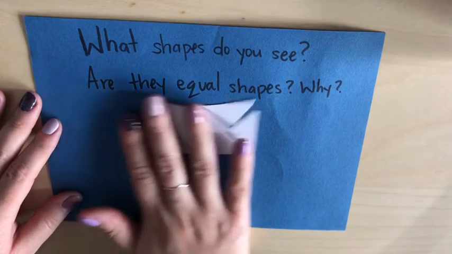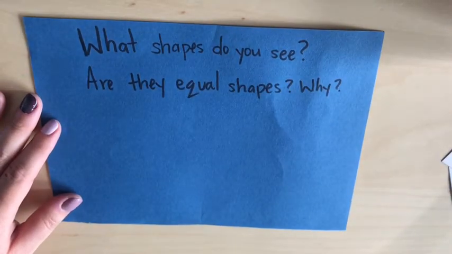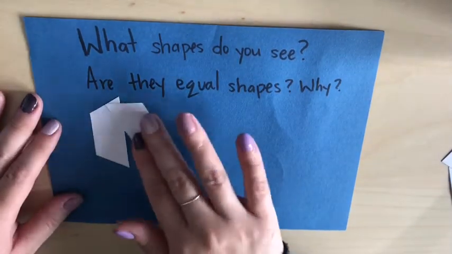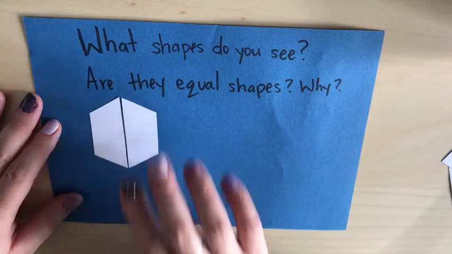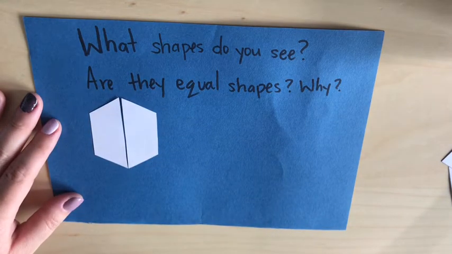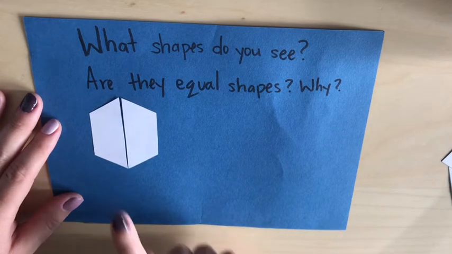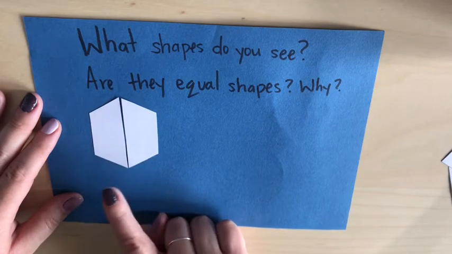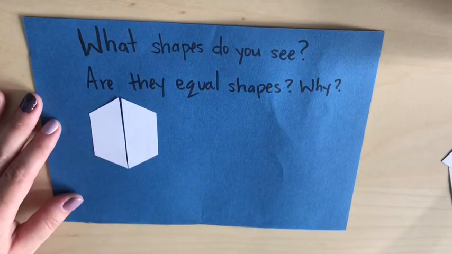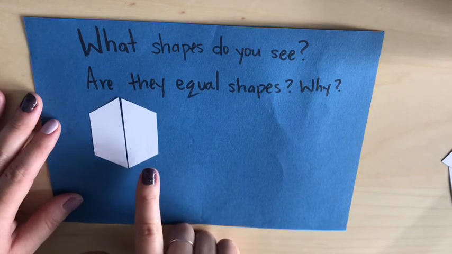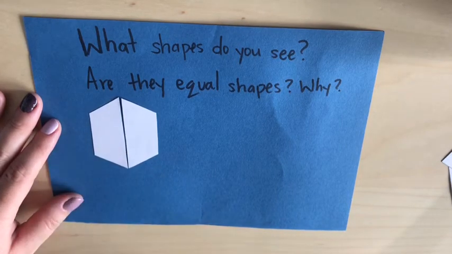Good job. Let's try a couple more. Let's see if you remember what's the name of this shape. This is a hexagon. Is the hexagon made of equal parts? How many equal parts do we see? 2 equal parts. And what are the equal parts that we see? We see 2 trapezoids. Very good.